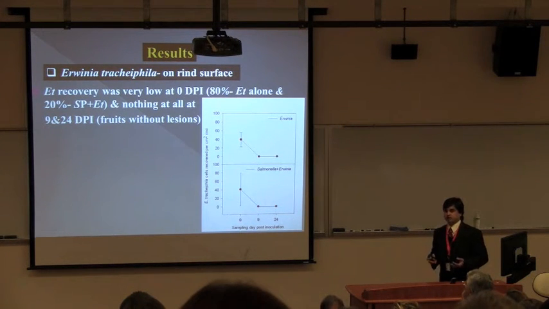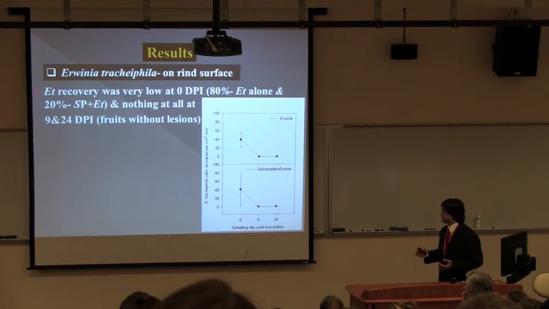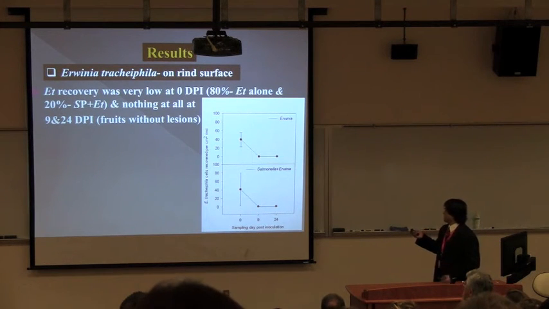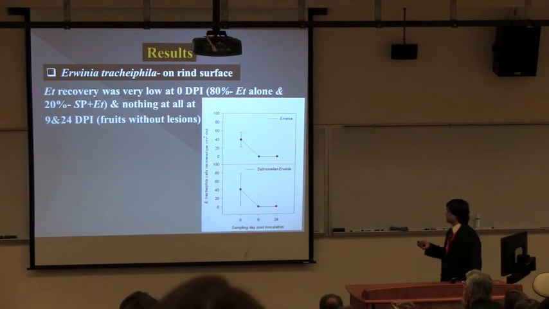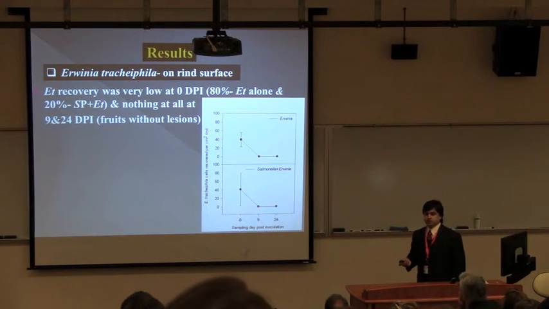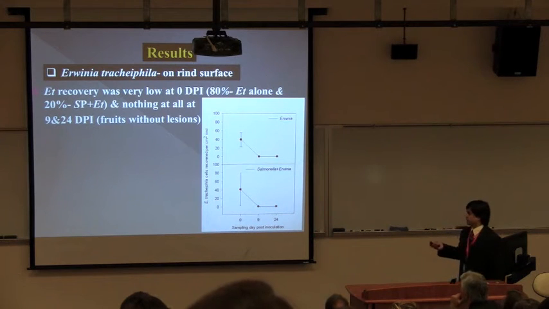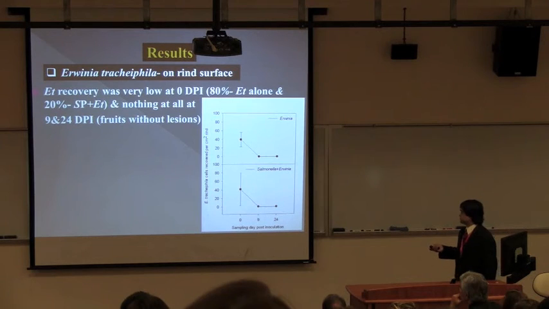We didn't find enough Erwinia right after inoculation, and the difference we can see here is the larger error bar in both of the co-inoculated conditions. We found that Salmonella was inhibiting the growth of the plant pathogen on the culture medium, so we were not able to detect most of the Erwinia in the co-inoculated condition.